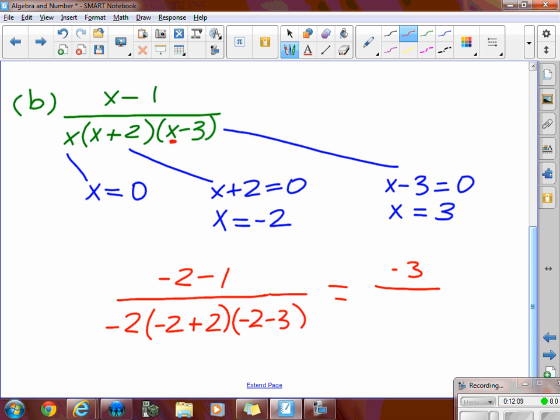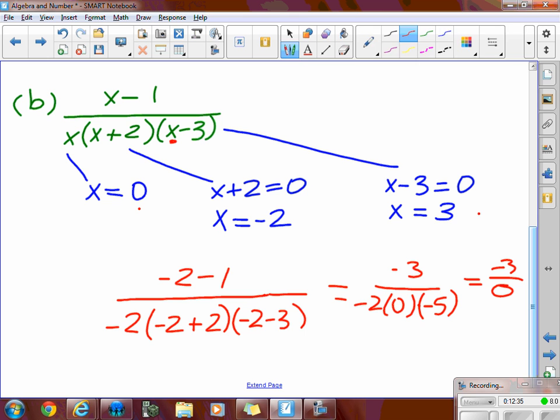The bottom is negative 2 times 0 times negative 5. What does that whole denominator equal? 0. So I get negative 3 over 0. That's undefined. So it doesn't matter. Each one of these non-permissible values we identified, if I put them in, somehow the bottom will equal 0. I can't divide by 0. Make a little bit more sense? Okay.